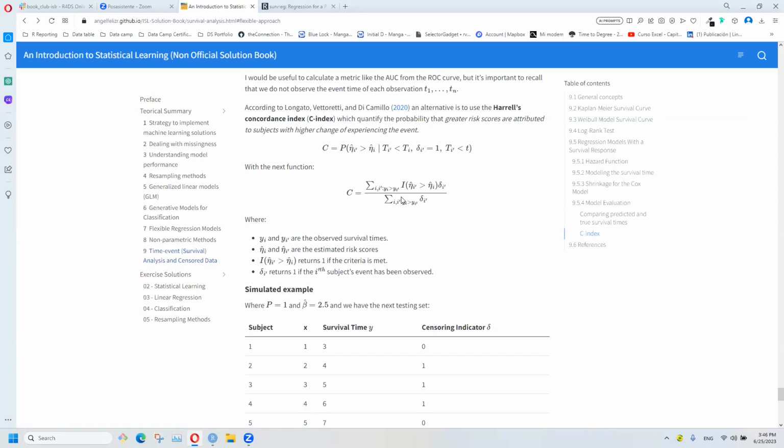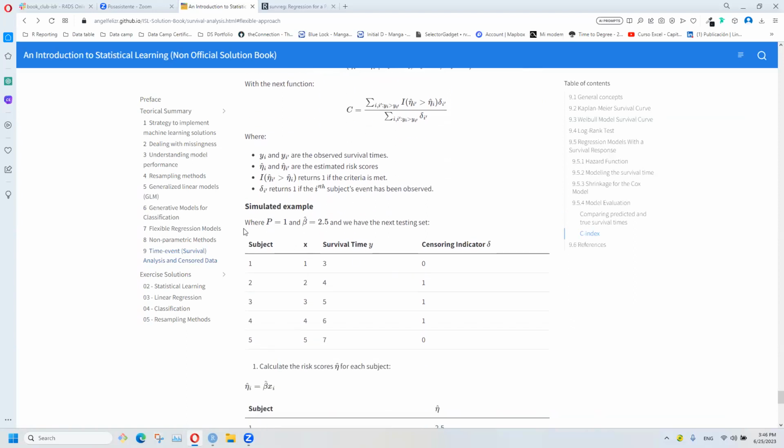To understand the function was a bit challenging, so I asked ChatGPT to make me an example and I will share it with you. If we have just one predictor and we got a coefficient of 2.5, or whatever from the study we did before, we also have this test data.